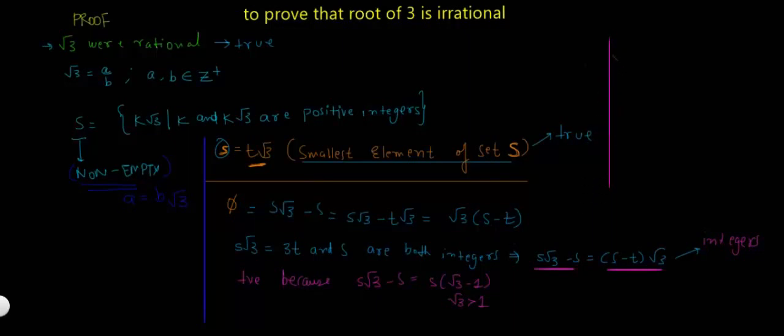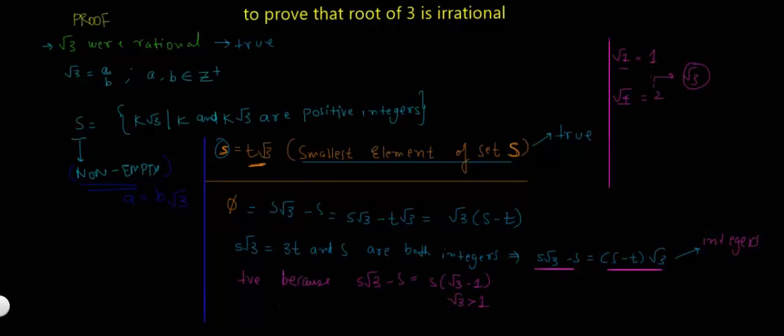We know that the square root of 1 is 1 and the square root of 4 is 2, so the square root of 3 would lie in between. This is how we can say that root 3 is greater than 1 and less than 2. That is why this is a positive integer.